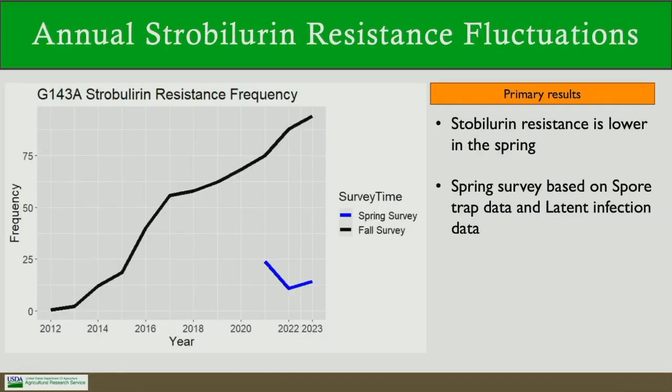Using strobilurin resistance as an example, in the black line from 2012 to 2023 you see an increasing prevalence in strobilurin resistance, and this is why we think Headline isn't typically a very useful fungicide. However, at the beginning of the year, we see a much lower prevalence of resistance to strobilurins. This difference from the beginning of the year to the end of the year got us thinking that maybe this is more dynamic throughout the year.